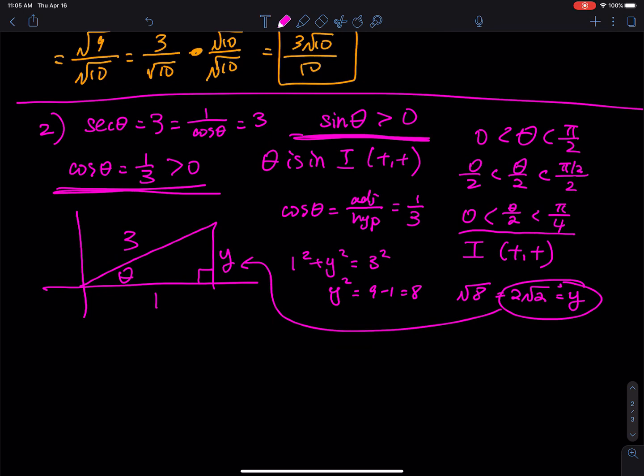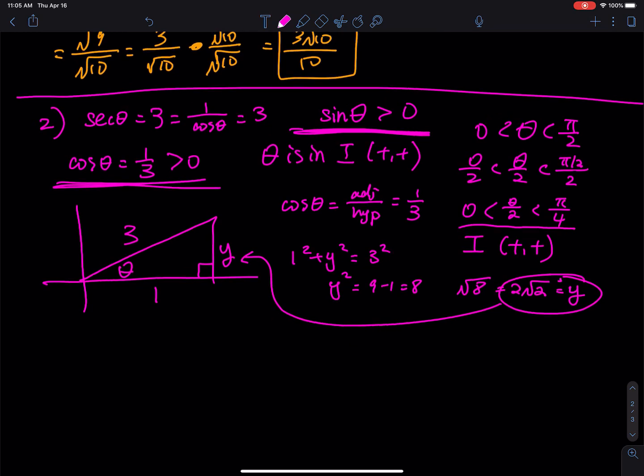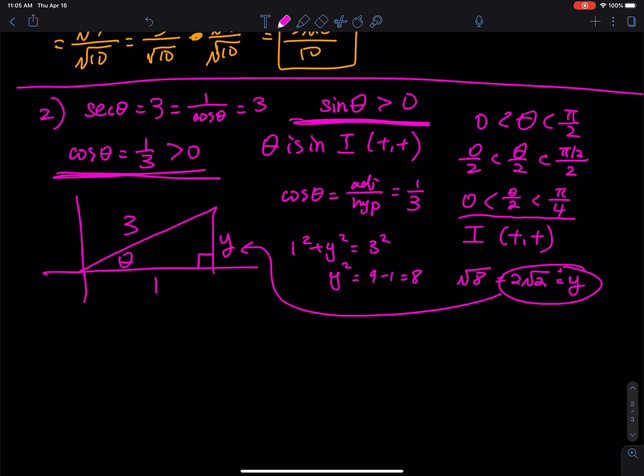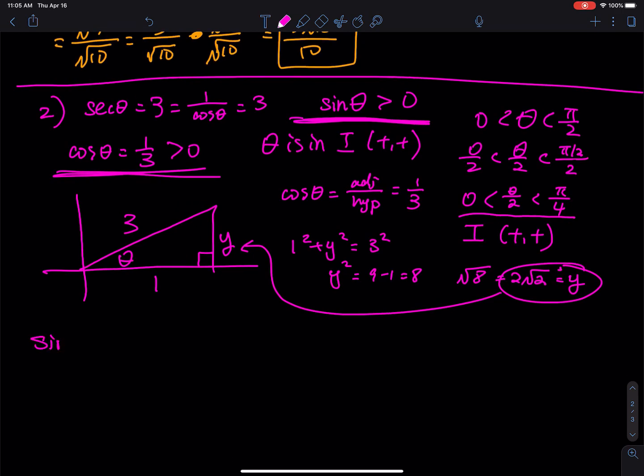All right, both x and y are positive. We have cosine. That is not enough, right? I still need a sine. So sine of theta, SOH, opposite over hypotenuse.